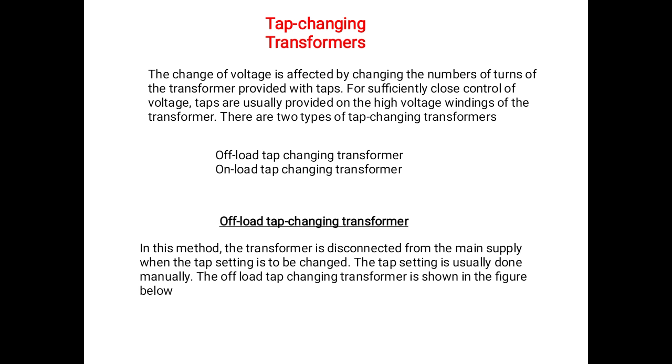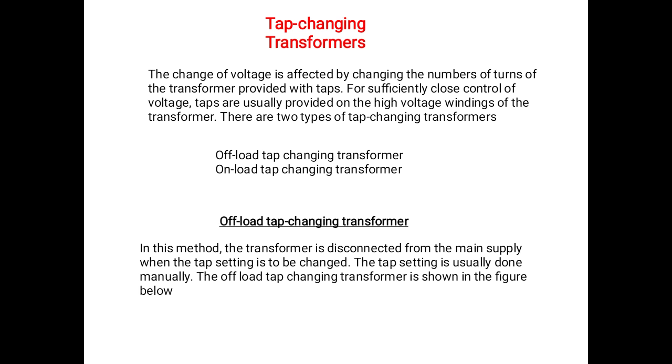Now the two types of tap changing transformers are: one is the off-load tap changing transformer and second is the on-load tap changing transformer. First, the off-load tap changing transformer. In this method, the transformer is disconnected from the main supply when the tap setting is to be changed. It means in this type of transformer, when we change the tap, the transformer is removed from the supply.